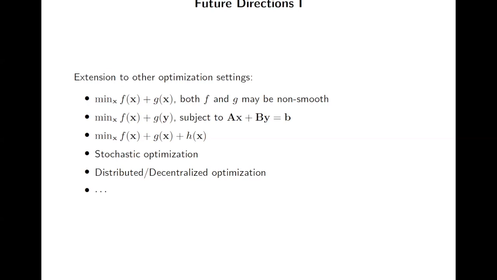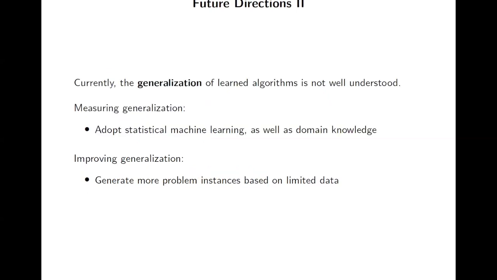Also, I think all the analysis is focused on the model or the algorithm, and I think the data part or the generalization part is also very important, and it's still not well established in this field. There are two directions to do.